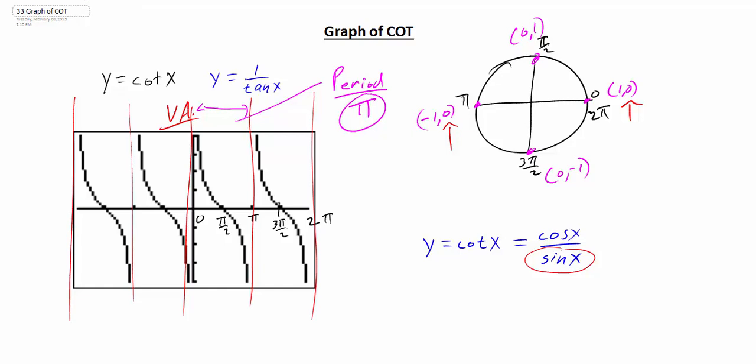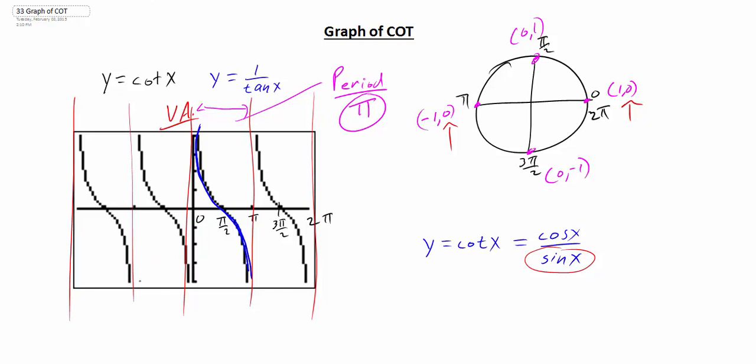And of course we can see that this graph is going kind of down like this. You almost think of it like the tangent, but recall the tangent function, let me see if I can sketch this on here. The tangent function went like this.